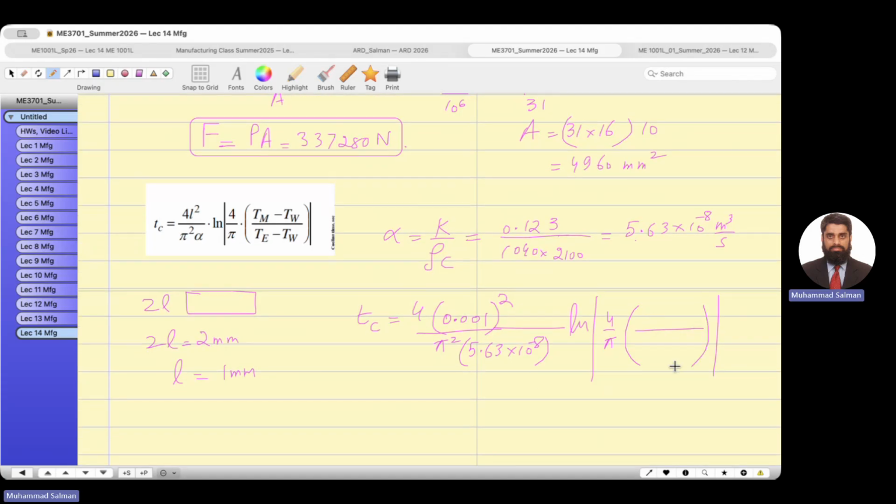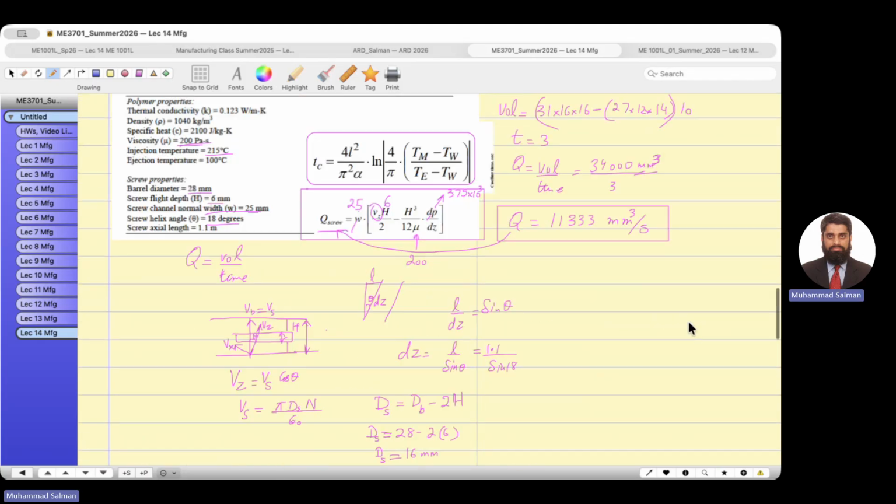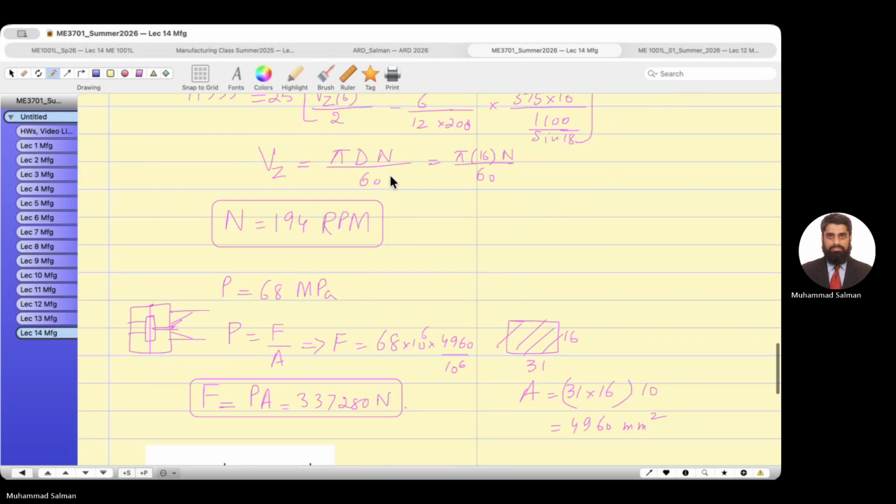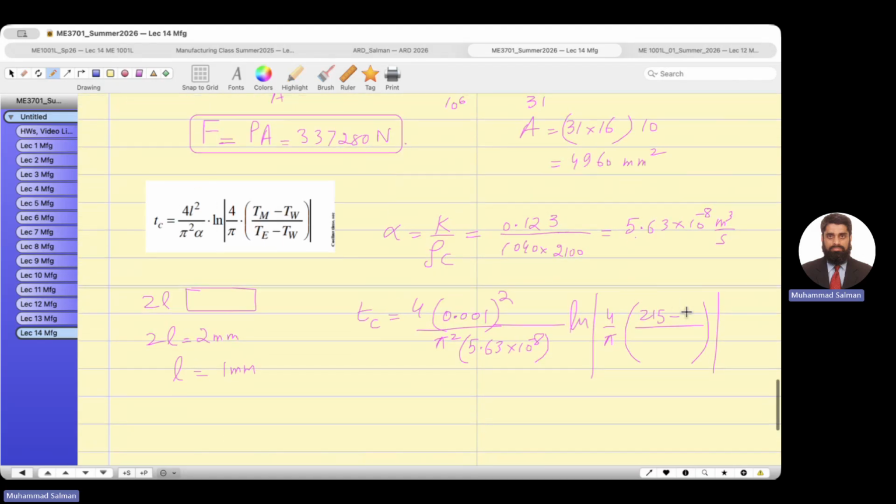In this case, the injection temperature is 215 Celsius, and the internal wall temperature of the mold is 50 Celsius. The ejection temperature is 100 Celsius. So I can write down 215 minus 50 over 100 minus 50.